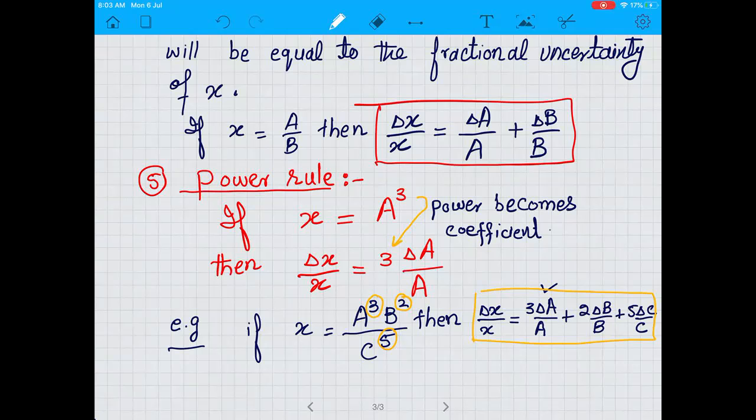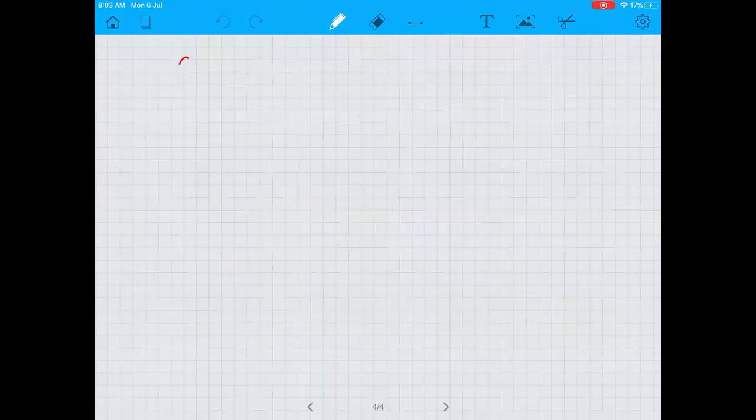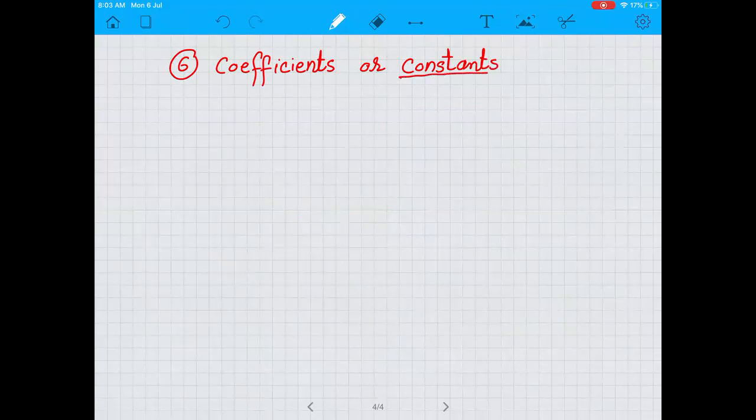Now you see, the last rule that we'll study is about coefficients or constants. We have different rules for coefficients and constants in case of addition, subtraction, multiplication, and division.